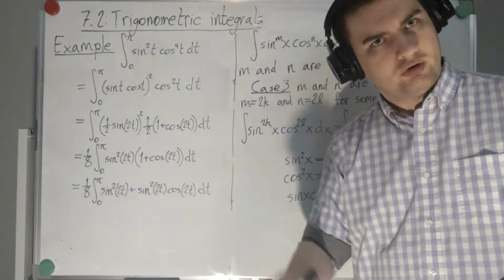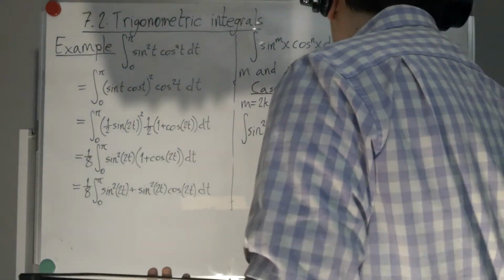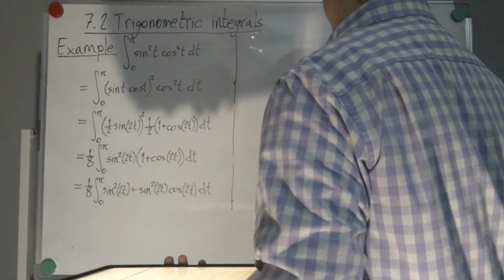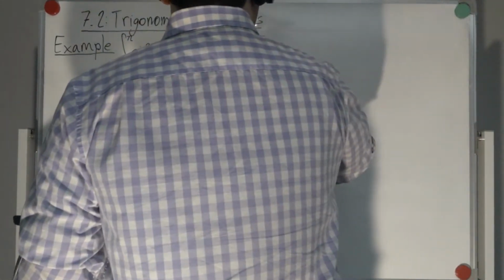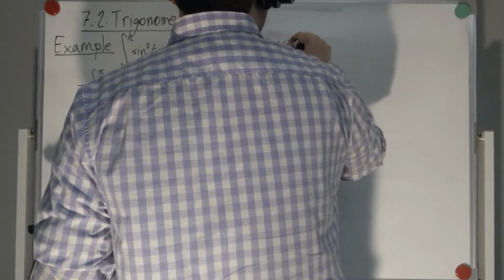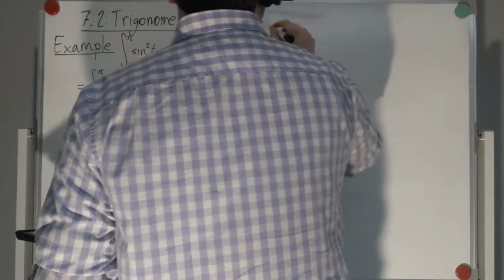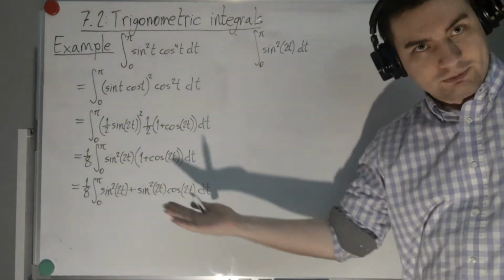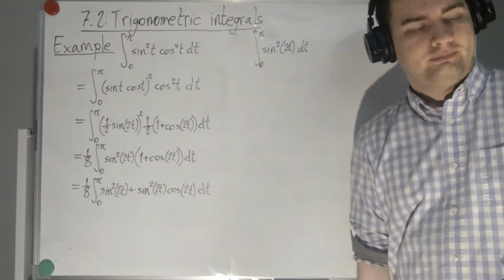So why don't we just take a moment to figure that out. Let's see, so we have the integral of sine squared of 2t dt from 0 to pi. And, you know, there's a constant outside, and of course there's more stuff added to it, but that's fine. We can handle that. This is the hard part.